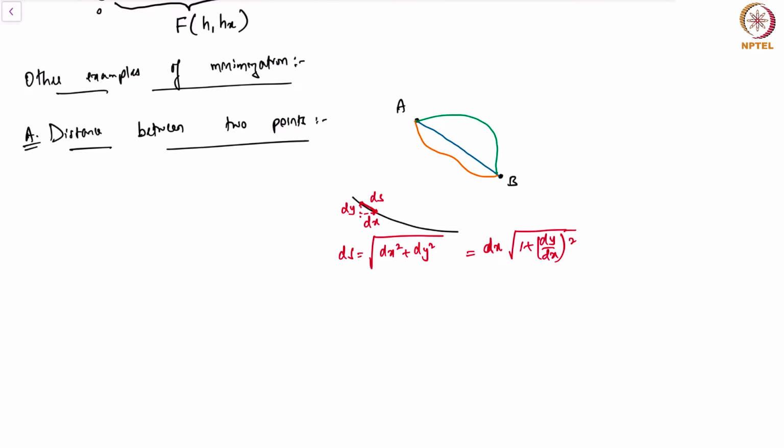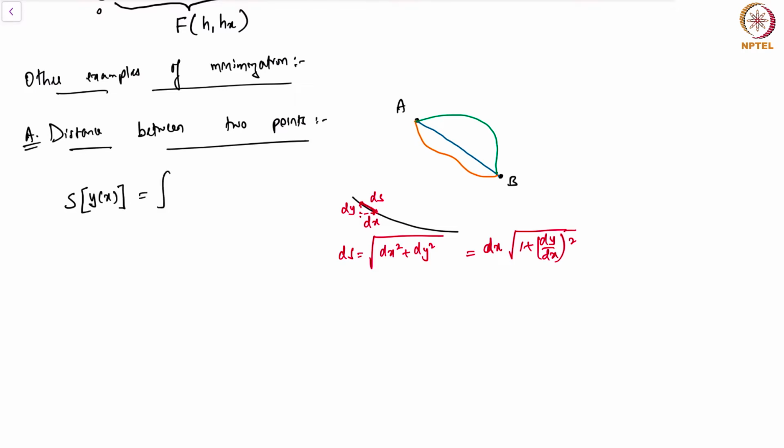So the minimization problem essentially now becomes: find out the path that a particle has to take to go from point A to point B, or what is the shortest path from A to B. What is the distance? We want to minimize the distance.